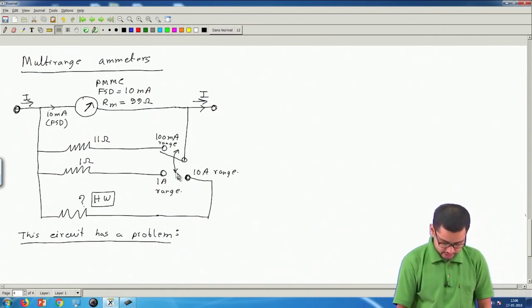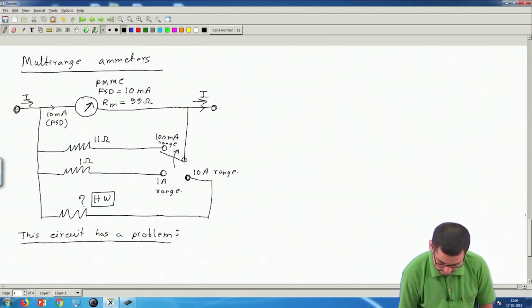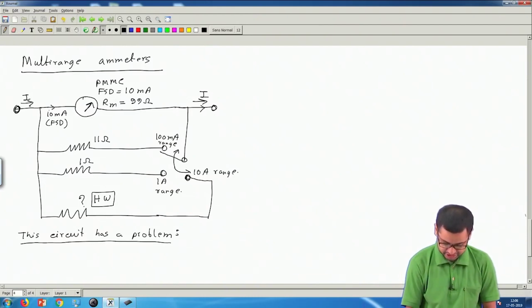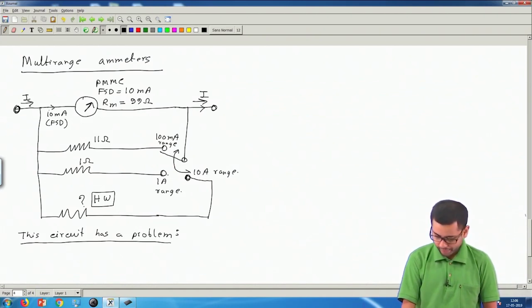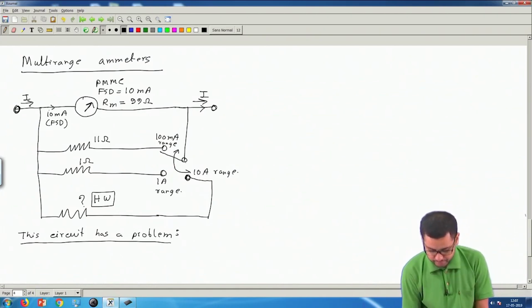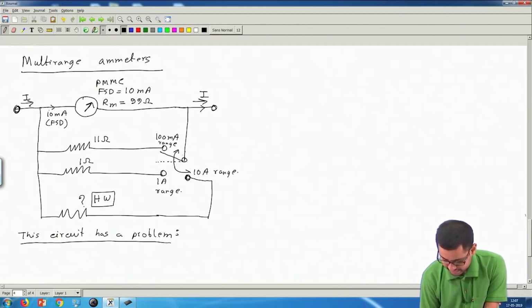Okay, so I can change the position of this switch. So I can connect it here or here or here, but you see that when I change the range, say from 100 milliampere to 1 ampere, then for a brief moment when the key is moving, when the key is here, this is connected neither to this resistance nor to this resistance. So this path is completely open.